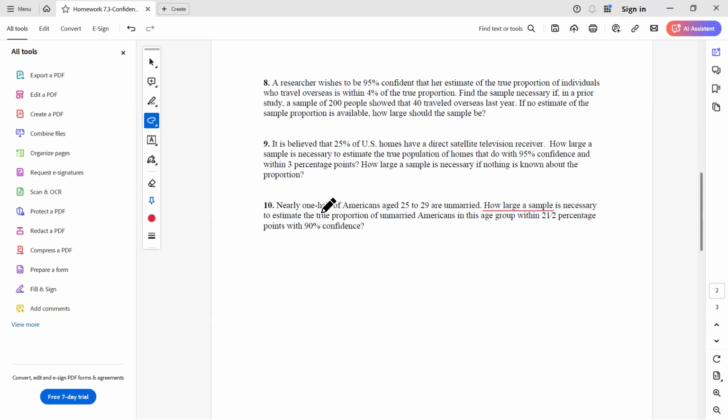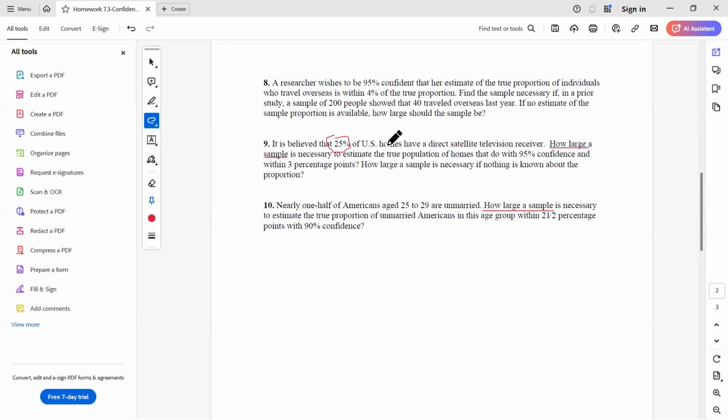Well, we have one estimate, right? How large a sample, how large a sample? See that? Anytime you see that, these are sample size calculations, but it is believed that 25% of US homes have a direct television receiver.